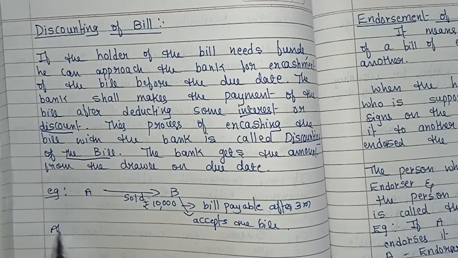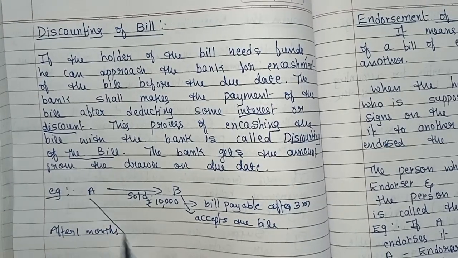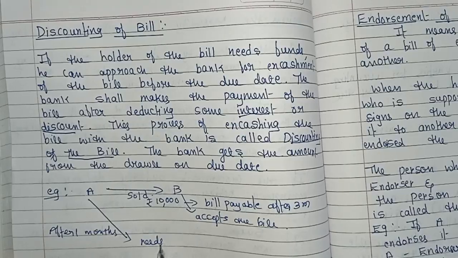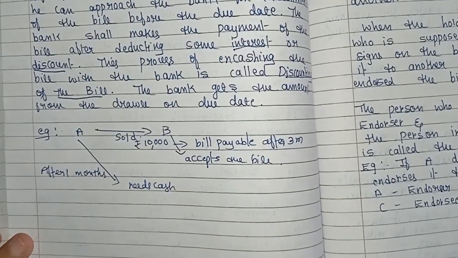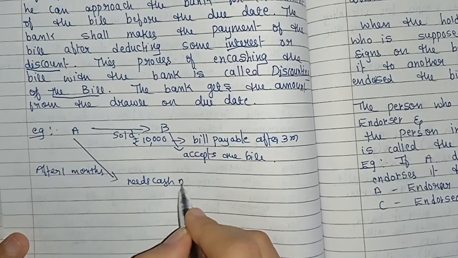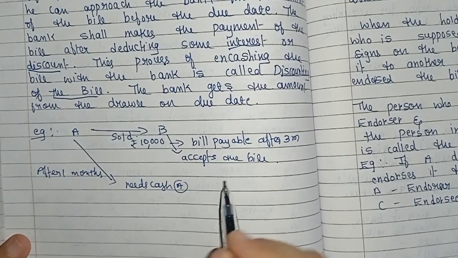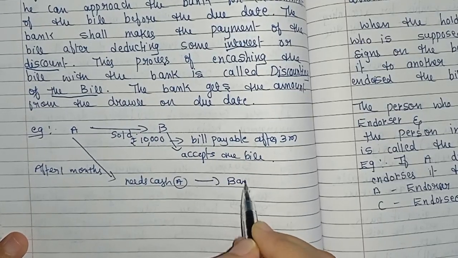After 1 month, A needs cash. So A takes this accepted bill to the bank.